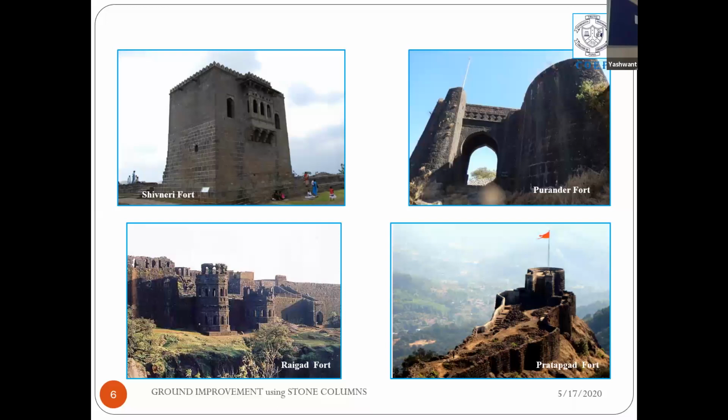These are the 4 forts which were under Chhatrapati Shivaji Maharaj: the Shivneri Fort where he was born, the Purandar Fort where the second Chhatrapati of the Maratha dynasty, Shambhaji Maharaj, was born. Then we have Raigad, which was the capital of Chhatrapati Shivaji Maharaj, and the Pratapgarh Fort near Mahabaleshwar and Satara.